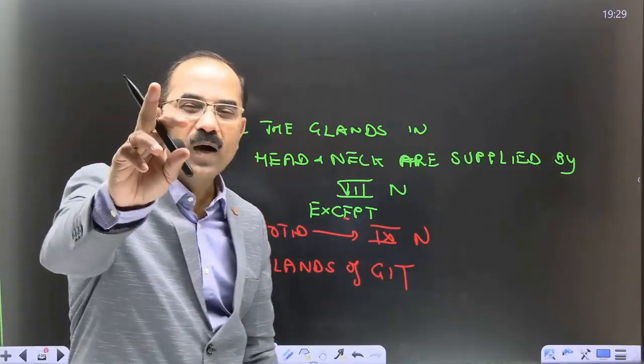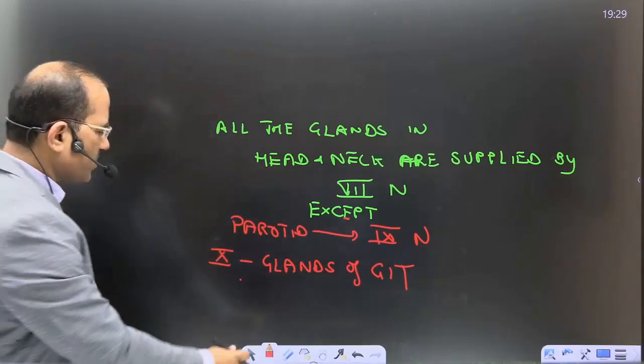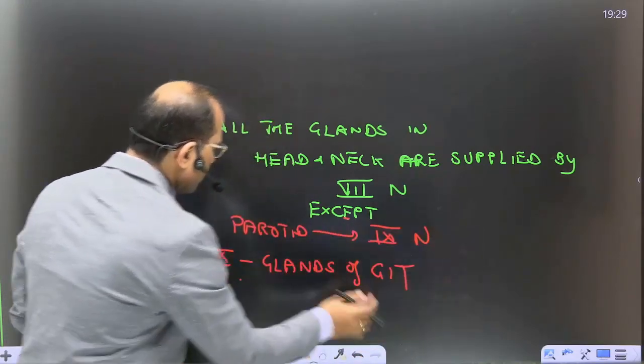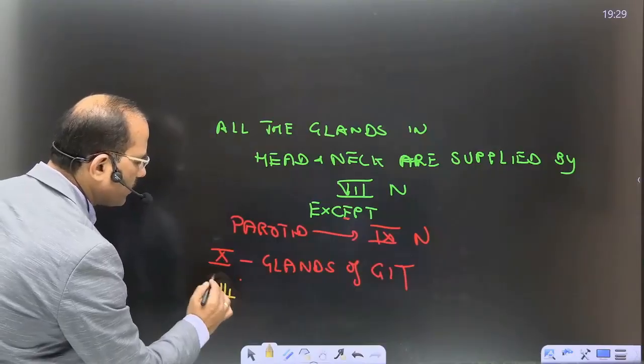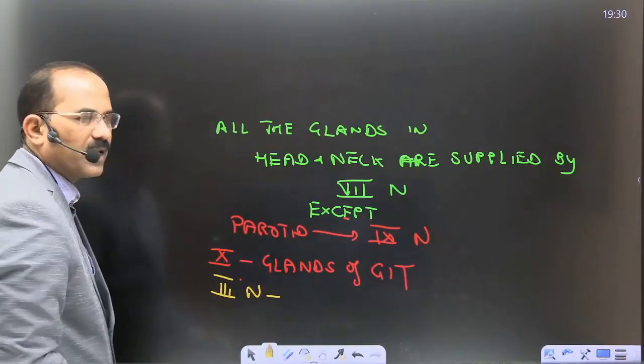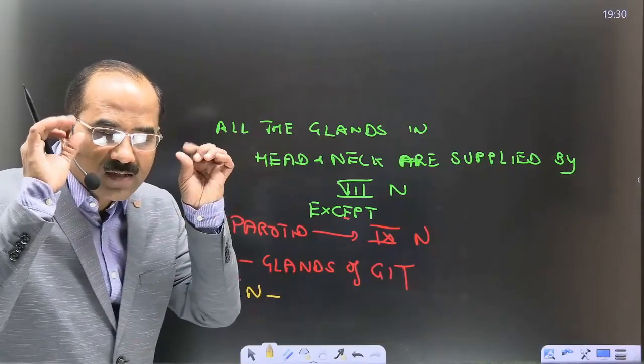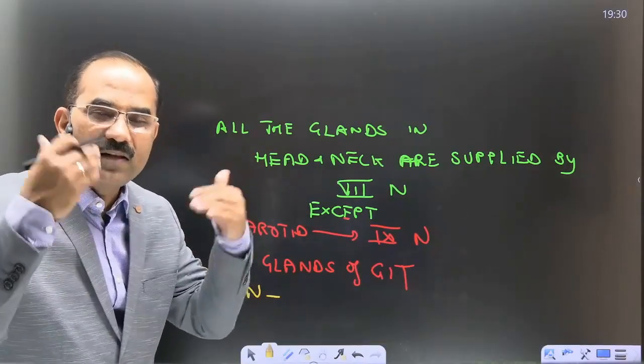But there's only one exception. What's that? The 3rd nerve. The 3rd nerve does not supply any gland, but the 3rd nerve supplies 2 muscles which are parasympathetic in nature.